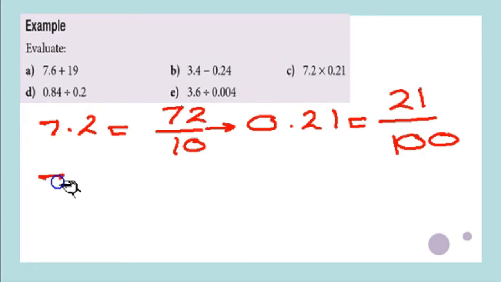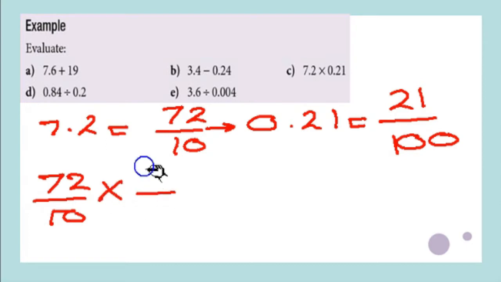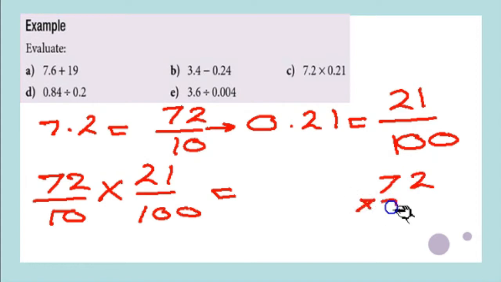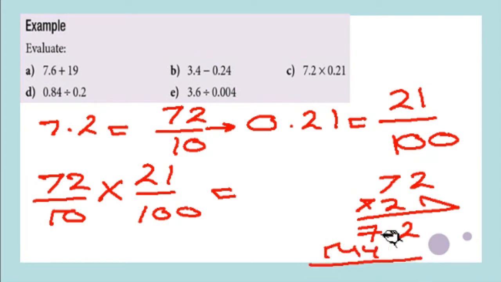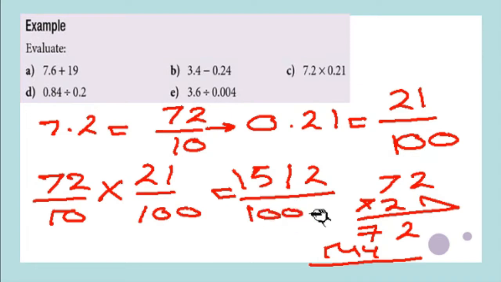So I can replace 72 over 10 multiplied by 21 over 100. We take all the numerators, 72 by 21. 1 by 2 equals 2. 2 by 2 is 4. 2 by 7 is 14. Then 7 by 4 is 28, carry up, and over 10 by 100 equals 1000.